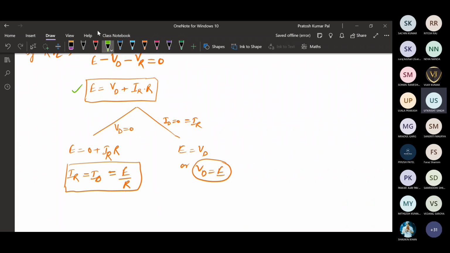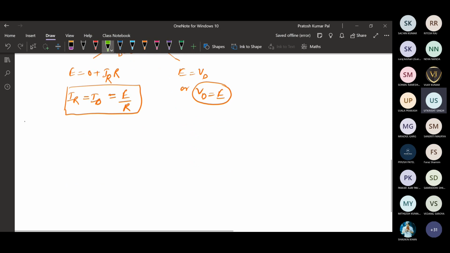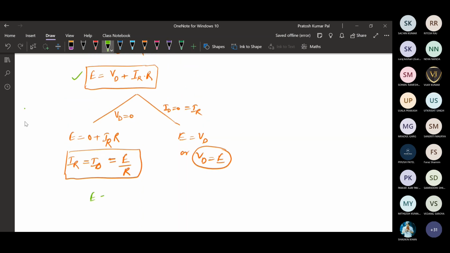The two extreme points of the DC load line are given by ID equals E by R, and VD equals E. So from the above equation, E is equal to VD plus IR into R, and the graph is between ID and VD.